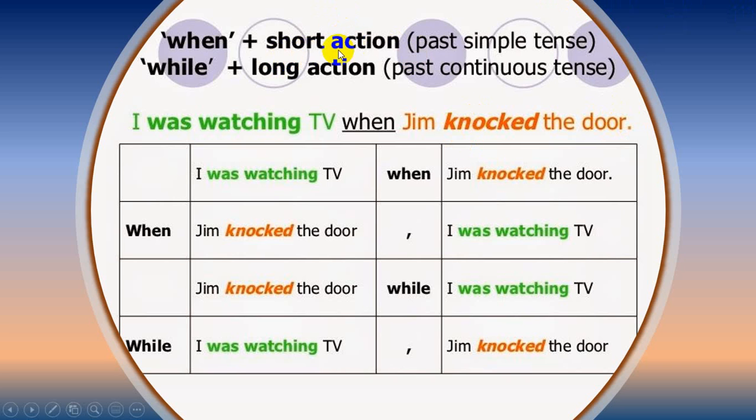As you see, the first sentence is a shorter action, so we put it in past simple tense. But while relates to a sentence followed by a long action, so we put it in the past continuous tense.